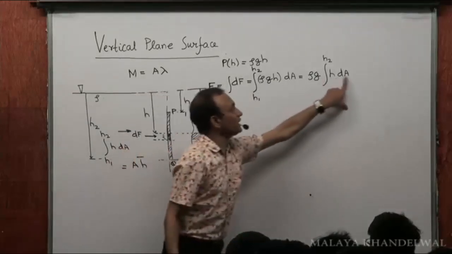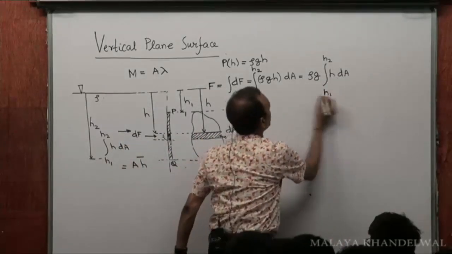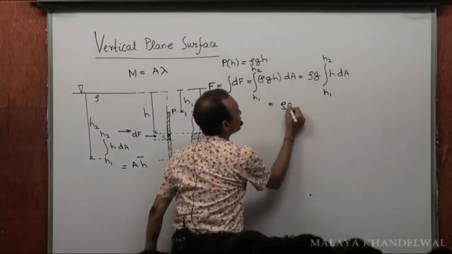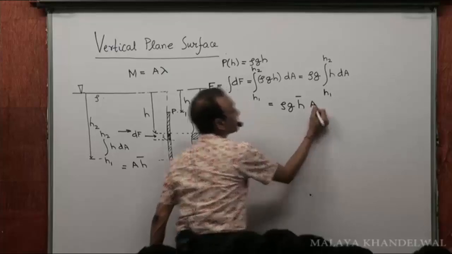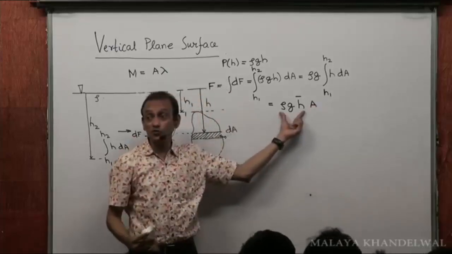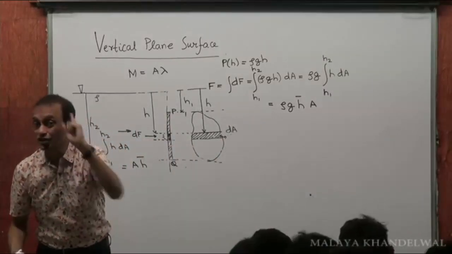So, integral h dA, h running from h1 to h2, would be rho g h bar into A. That means rho g h bar is what? Pressure at a depth equal to the center of gravity.